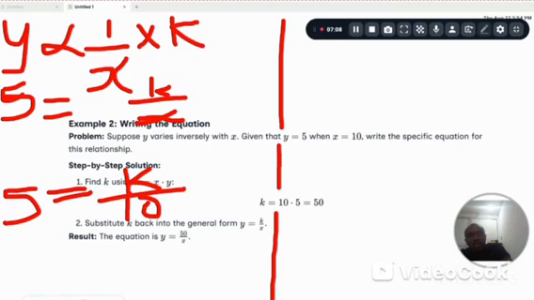If it takes 4 hours, don't forget time is talking about t. So anywhere I have t, I will replace it with 4. 4 equals k over, now s here is talking about speed, 60 meters per hour. So I will say over 60.